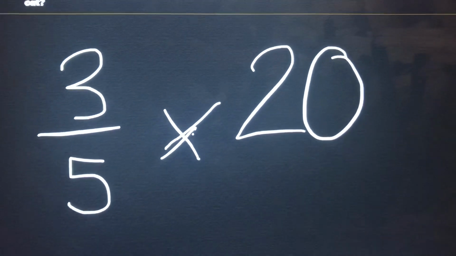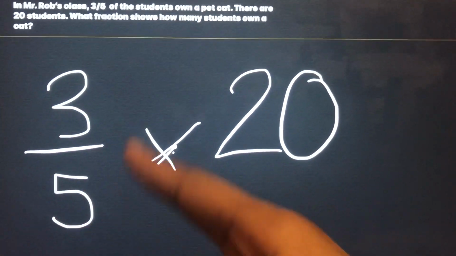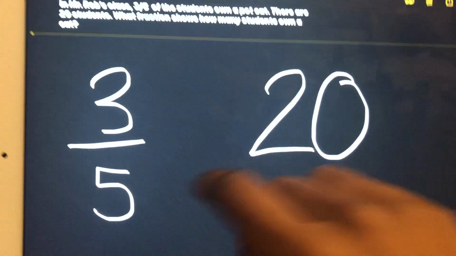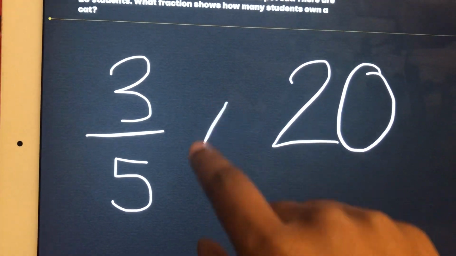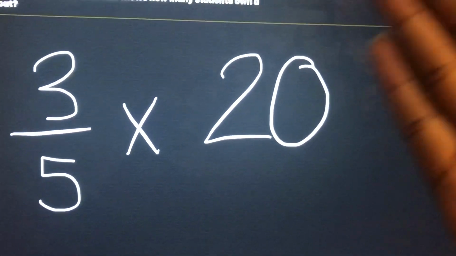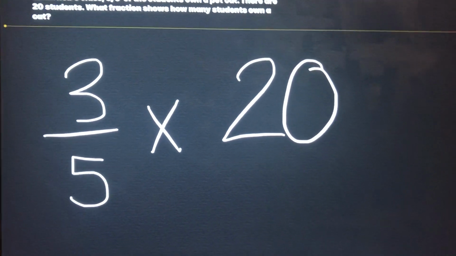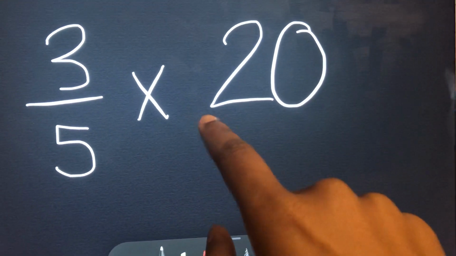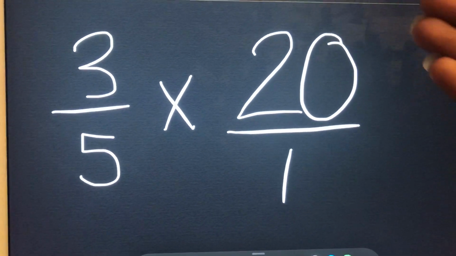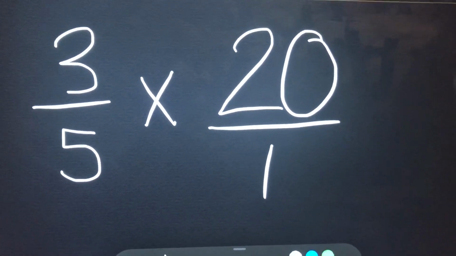All right, so what we have here is a whole number. This is what you call a whole number. This is what you call a fraction. Let me write this better because that looks so bad. Okay, there we go. All right, so when we have a whole number here, here is a tip. Make sure you write this down in your notes. All you have to do is put that whole number over 1. 20 over 1 is the same as saying just the number 20.